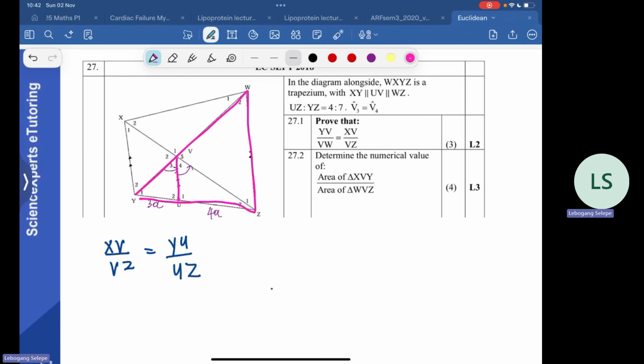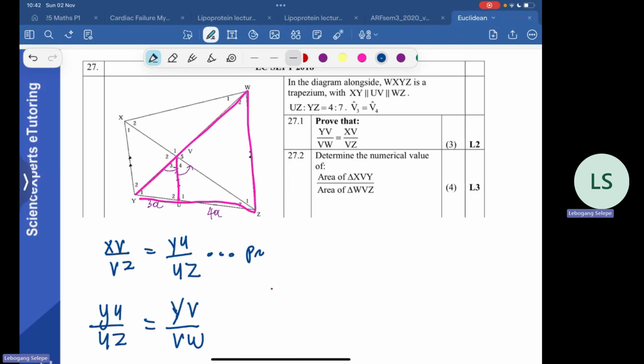So let me change the color. Yu over uz would be equals to yv over vw. So both reasons here are prop theorem, and also here prop theorem, right?